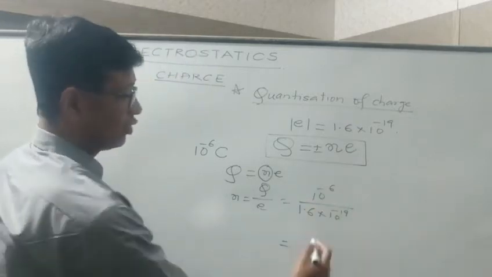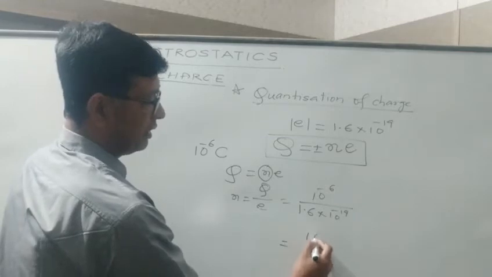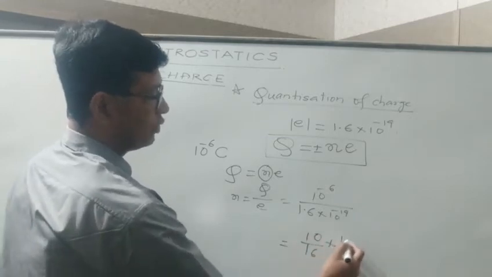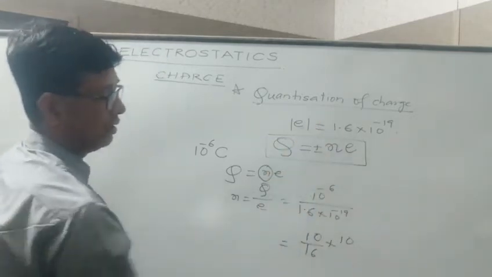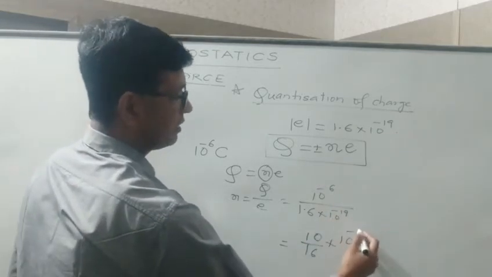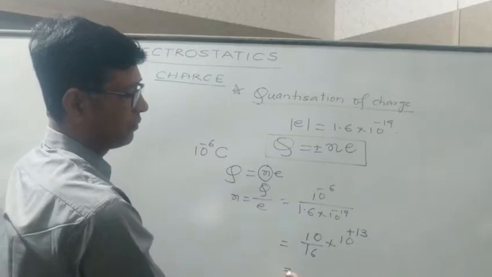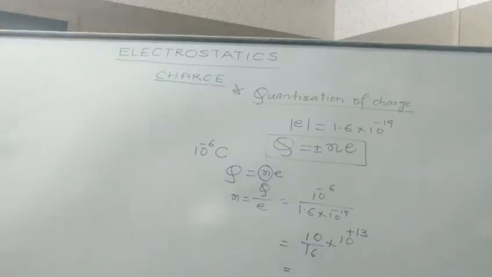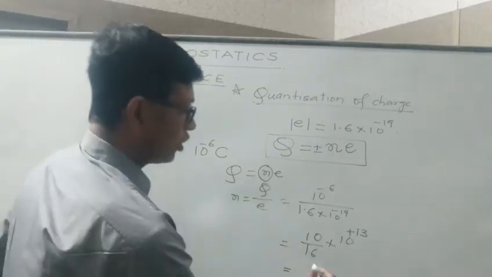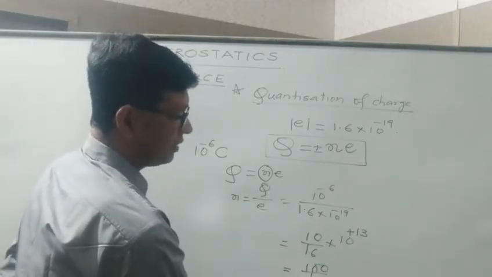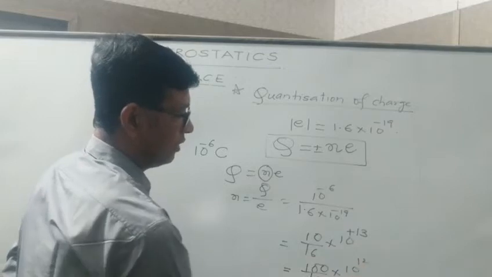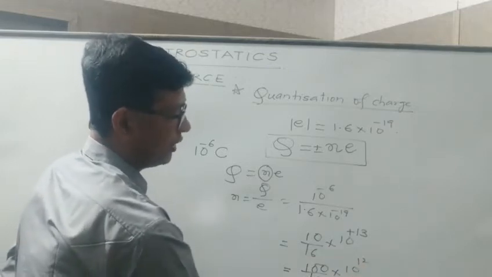It will be 10 by 16 into 10 raised to the power plus 13. If you solve it, it will be approximately 100 by 16 into 10¹², so 6.25 into 10¹² electrons.